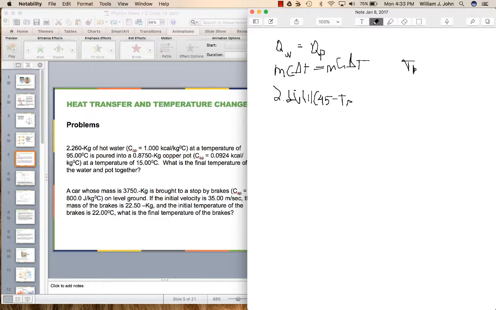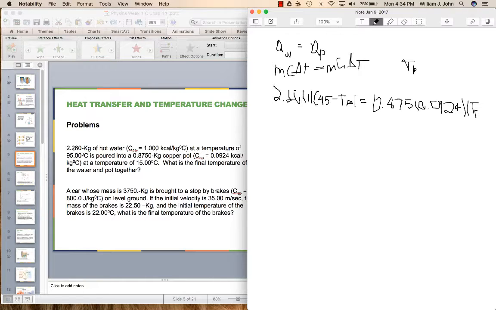And so that's one of them. And that's going to be equal to the pot's weight, which is 0.875, times 0.0924, times, sorry about this, TF.